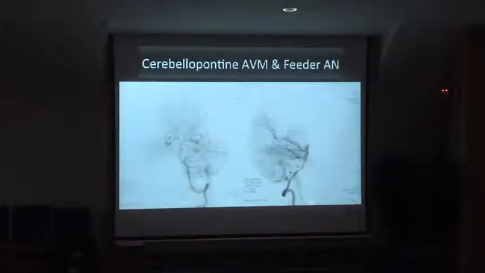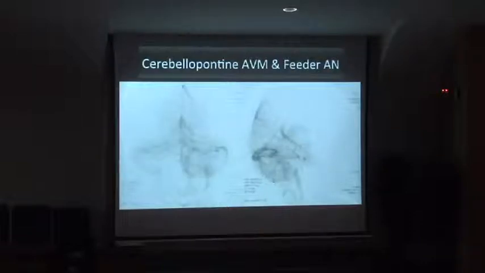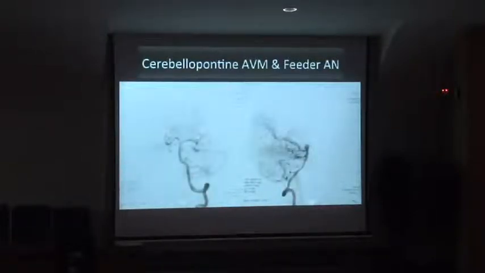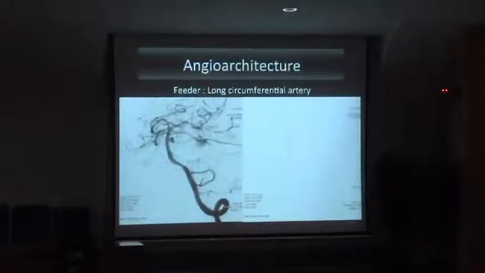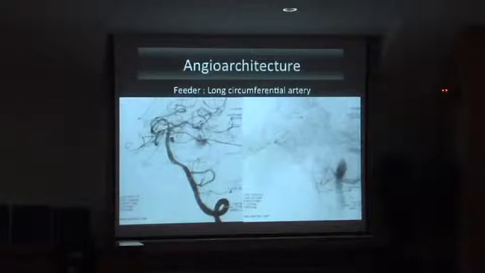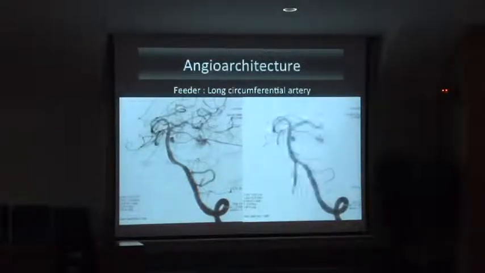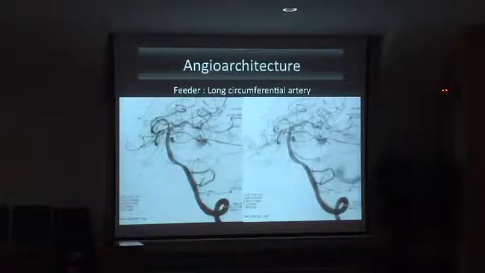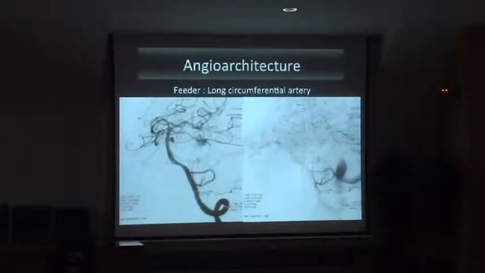Angiogram shows a pontine AVM and a feeder aneurysm. This is a working angle. The feeder is a long circumferential artery branching from the vertebral artery, and this feeder has a feeder aneurysm.